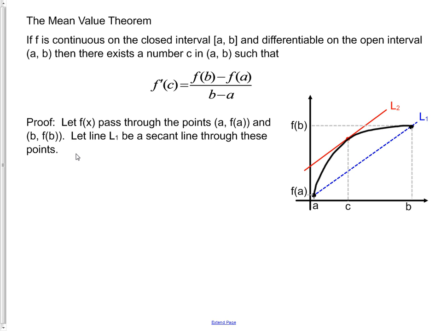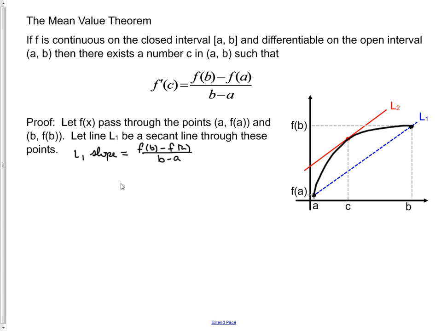Well, L1, of course, has a slope equal to f of b minus f of a divided by b minus a, just like the formula for the mean value theorem says right here. So we're already part way there.